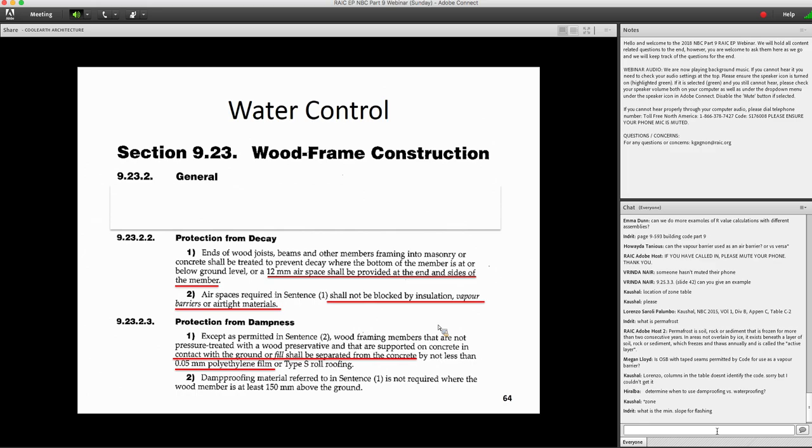Protection from dampness. Wood framing members that are not pressure treated with wood preservative and that are supported on concrete in contact with the ground or fill shall be separated from concrete by no less than a 0.05 millimeter polyethylene film. And this is what I talked about at the very beginning about capillary.